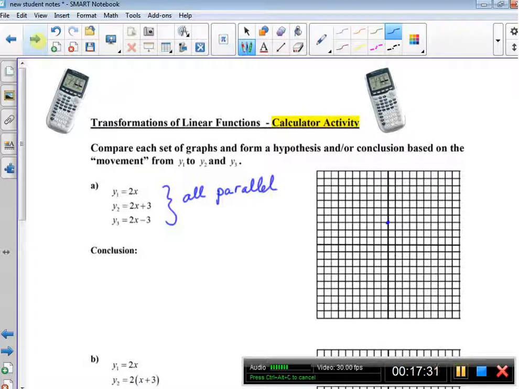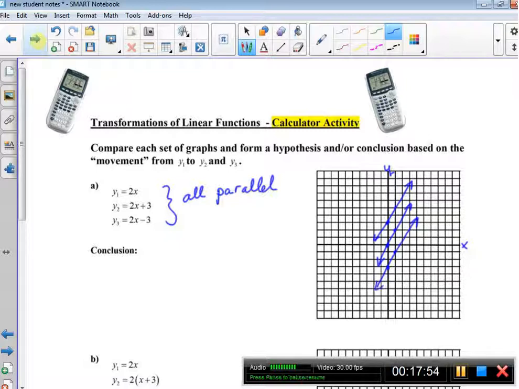So one's at 3, one's at 0, this is going to be x, y, and one is at -3. So they all have the same slope, so they go up 2 over 1. So this graph kind of looks like this, up 2 over 1. This graph looks like this, and up 2 over 1.